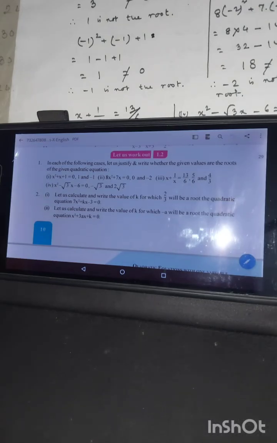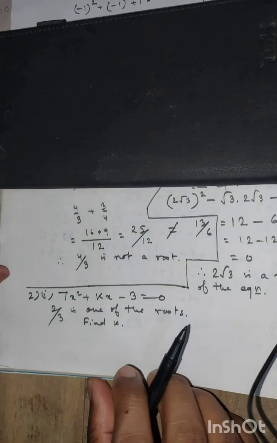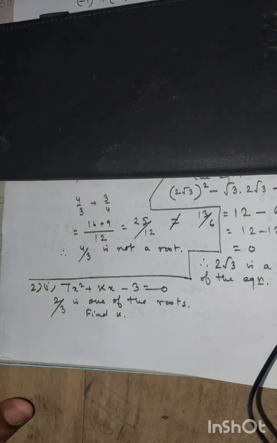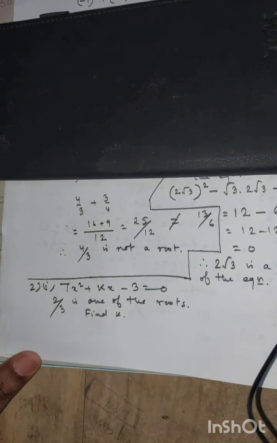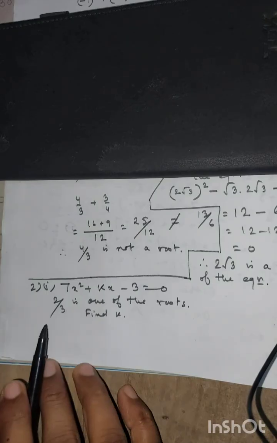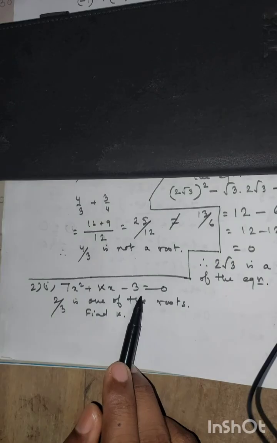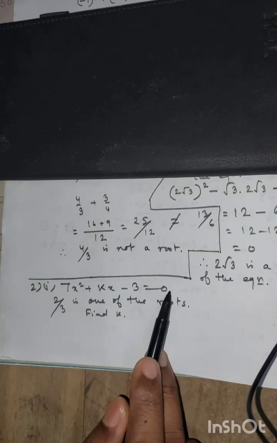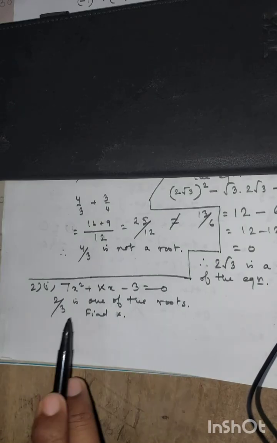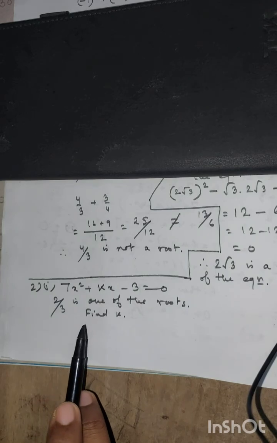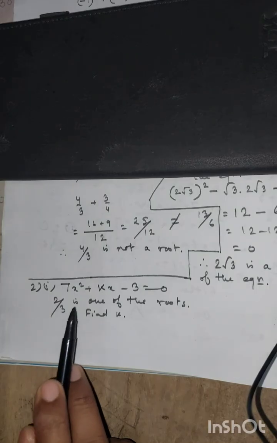So let us first write the given equation. So this is our question. If 2/3 is one of the roots of this equation, 2/3 will satisfy this equation. So we can put 2/3 in place of x.